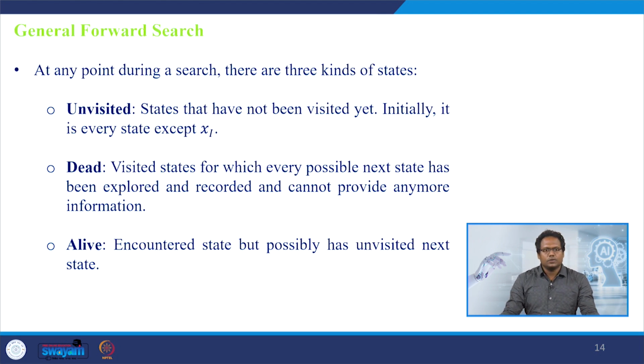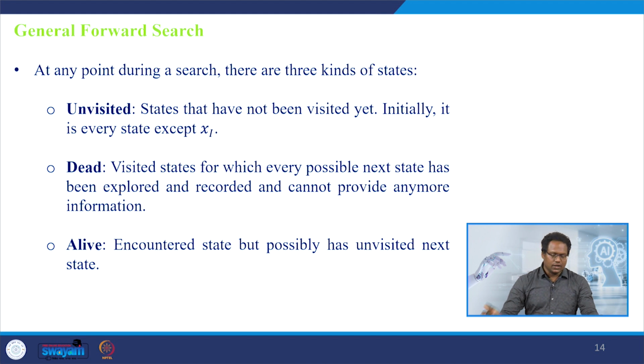Now, let us talk about the general forward search. At any point during a search there are three kinds of states. One is unvisited; as the name indicates, these are the states that have not been visited yet. Initially it is every state except the initial state xi.